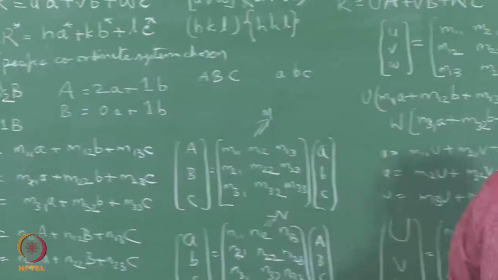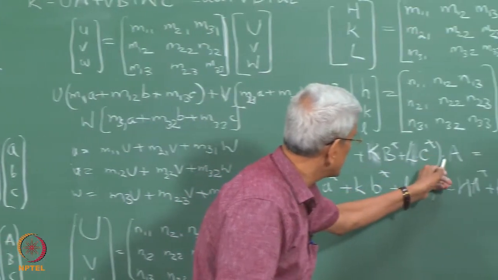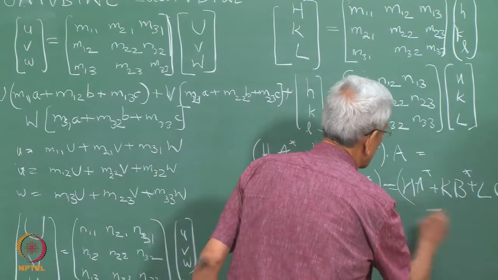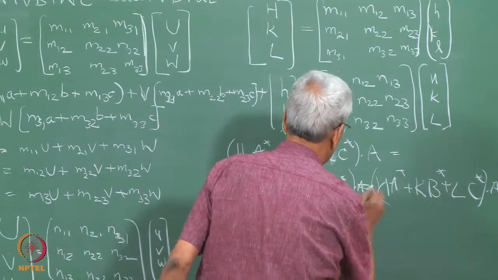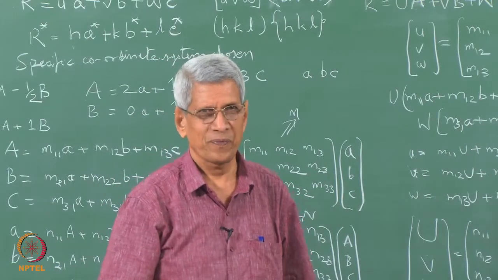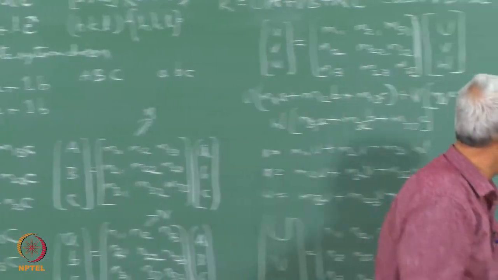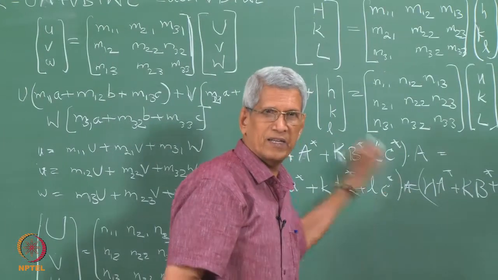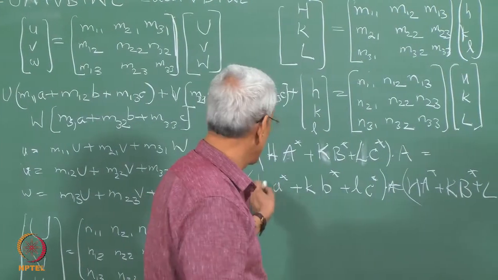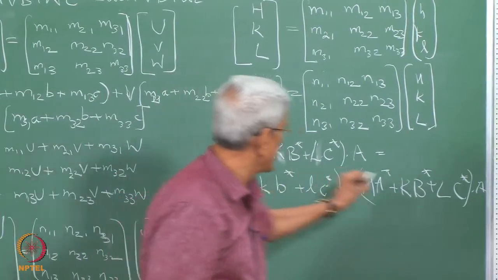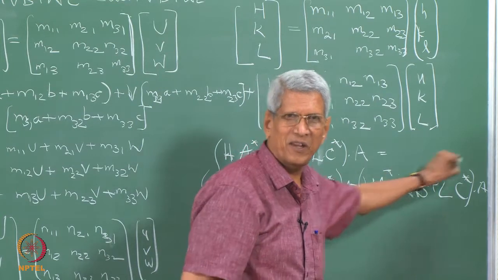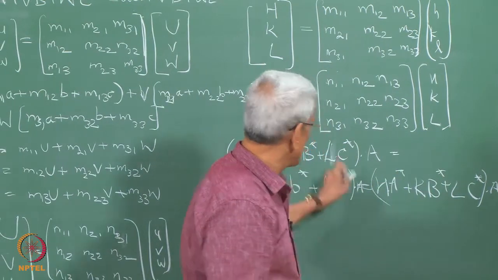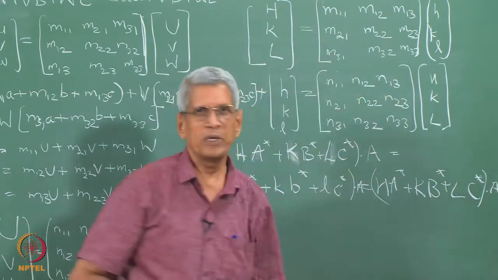So, we can write an expression like this, and take a dot product with respect to A on both sides. Now if we substitute, this A can be written in terms of the old coordinate system, then we will be finding that value. Here A star will turn out to be only H, the rest of the terms will not be there.